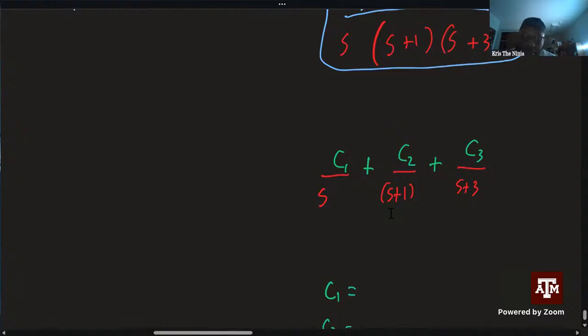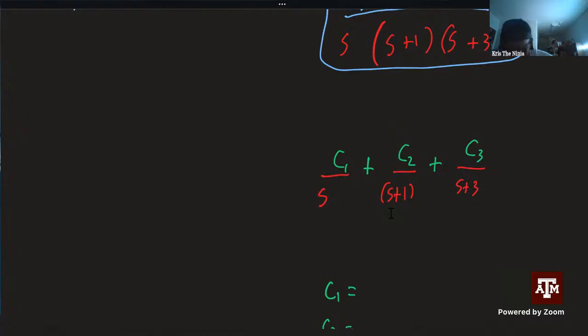The easiest way to do this is the cover-up method. The way we do that is let's take the first one as s.